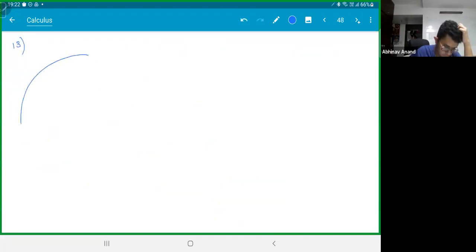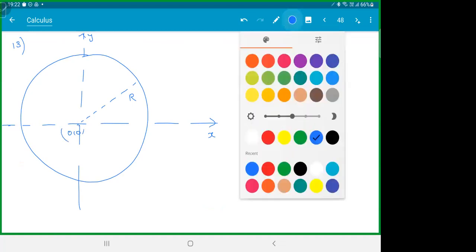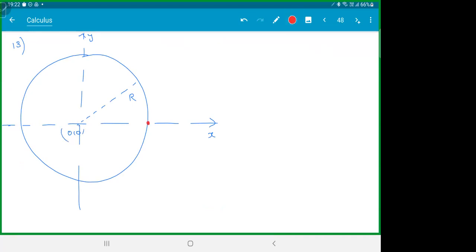So we got a circle here of radius r. x-axis, y-axis, and this is the origin. So we have a particle here starting from here with speed u. Means initially it is at r comma 0.